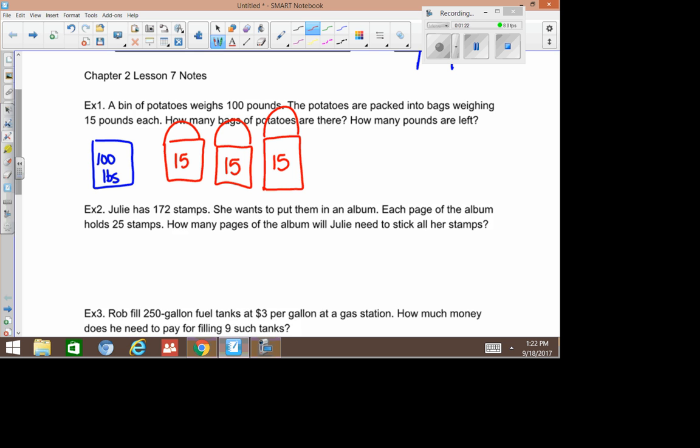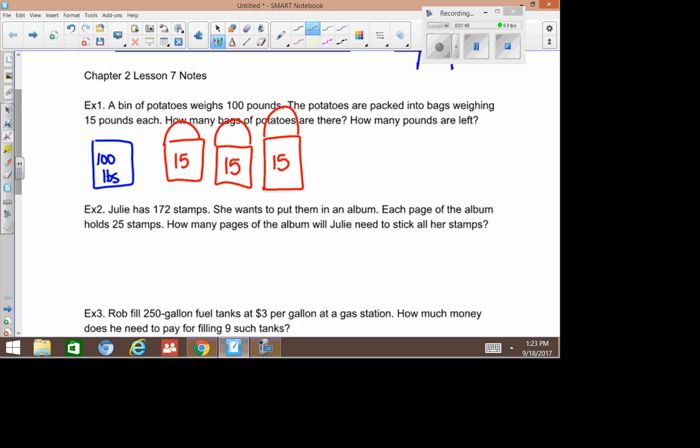What's my question say, Cameron? How many bags of potatoes are there? How many pounds are left? Wait. So, I want to know how many bags I'm going to make up. So I could count by 15s. It might take a long time. Or I could do what?